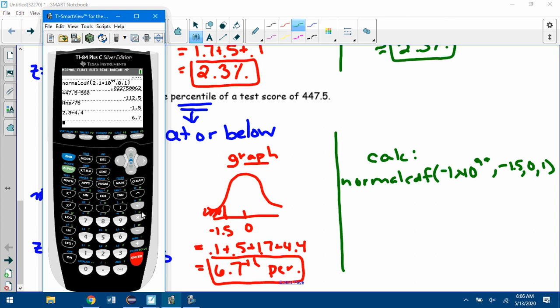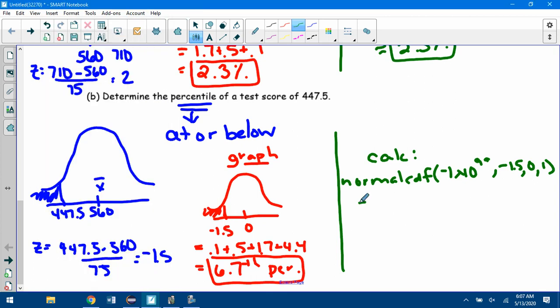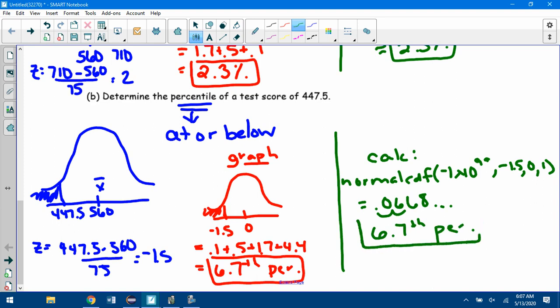And let's see what we get. 0.0668. And we're talking percentile. Look at that, 6.7th percentile. You get the same thing.